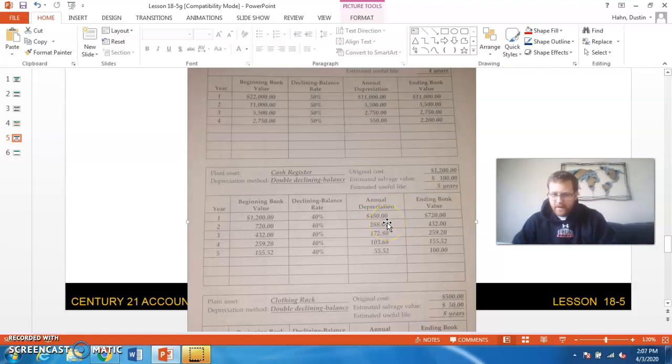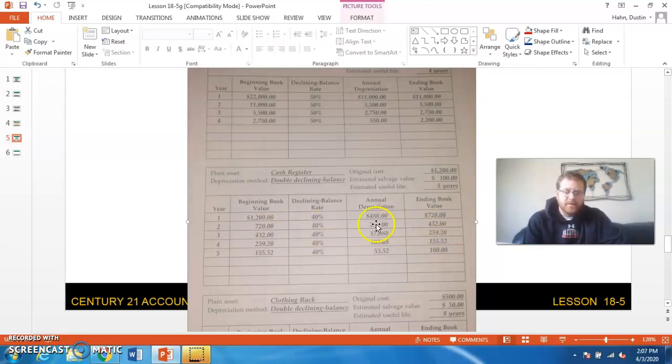Take 480 divided by 1,200, and that equals 0.4, which is 40%. 1,200 minus 480 equals 720. Bring that 720 down. Take 720 times 0.4, or 40%, and you come up with 288. 720 minus 288 equals 432.